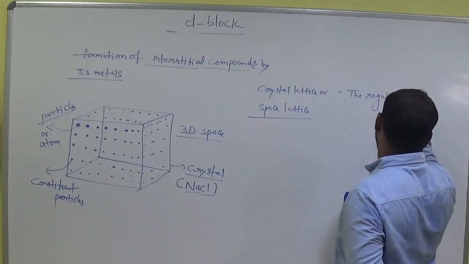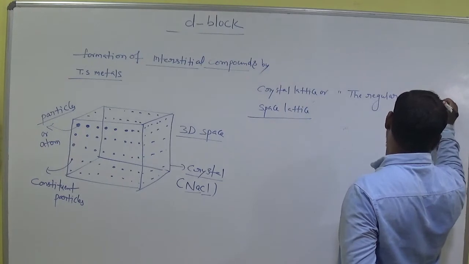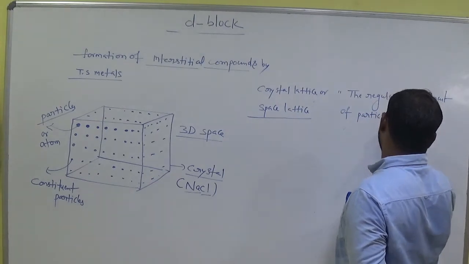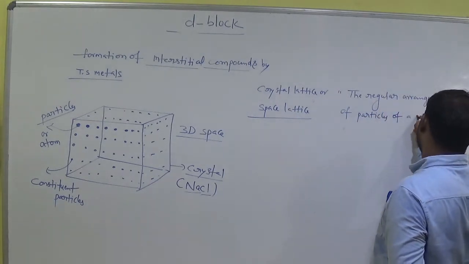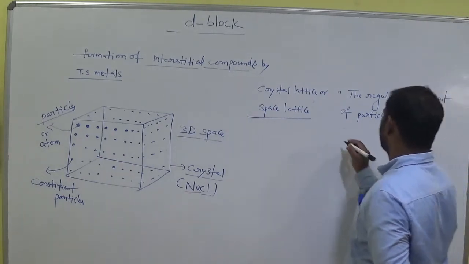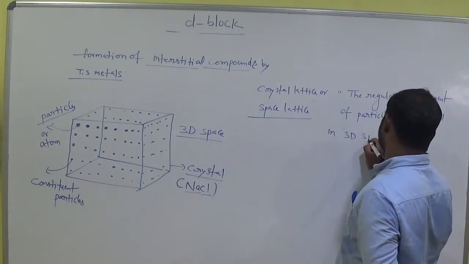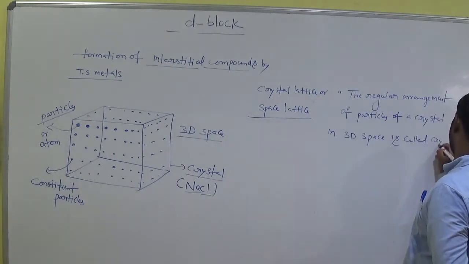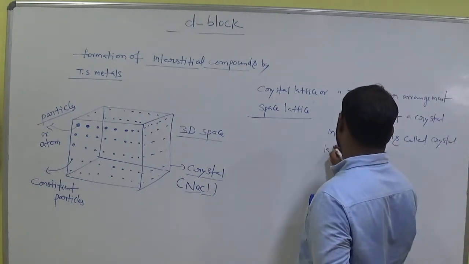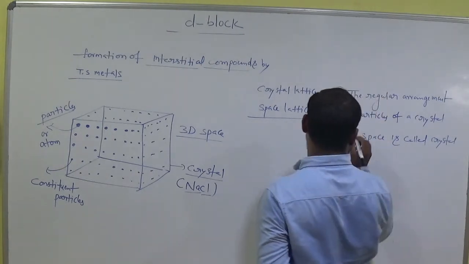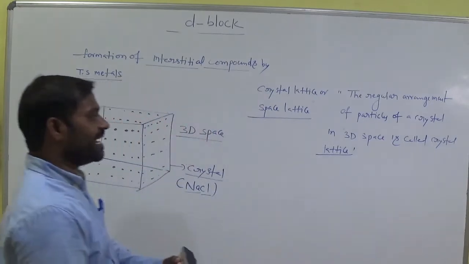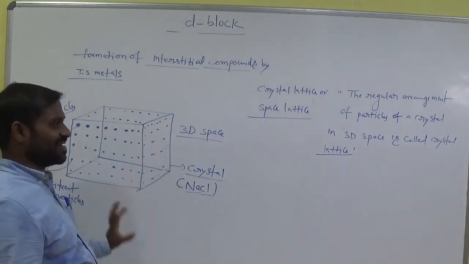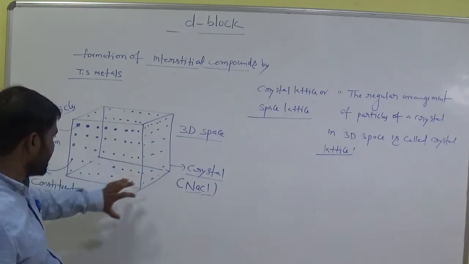The regular arrangement of particles of a crystal in three-dimensional space is called the crystal lattice. This is the entire crystal lattice.